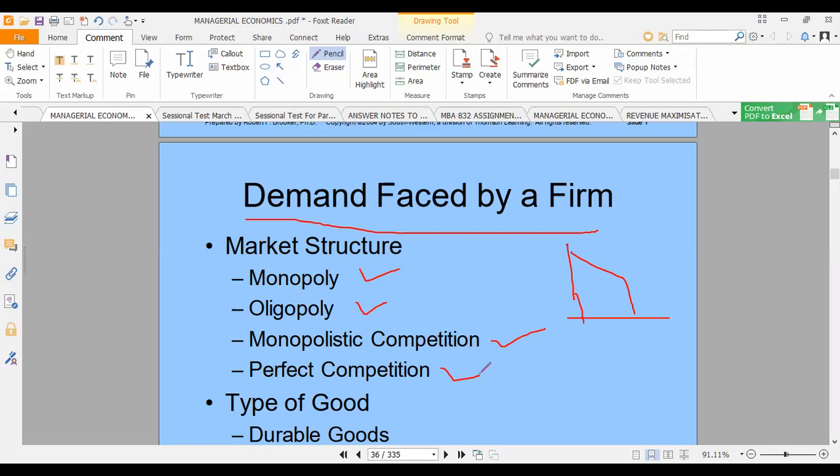Demand is very elastic. People will switch to another good due to what we call the substitution effect, because they are well informed as to how much this agricultural product costs. If you decide to charge higher, they'll shift to another product.